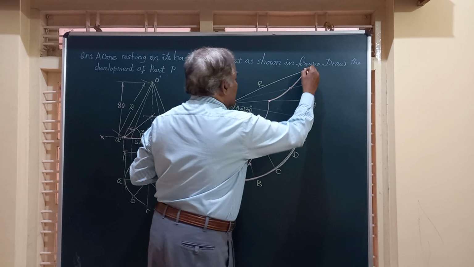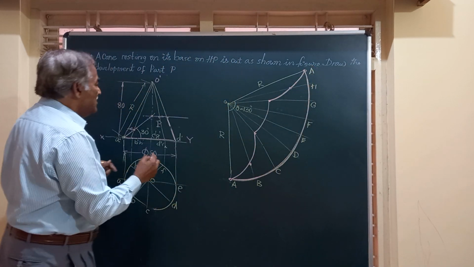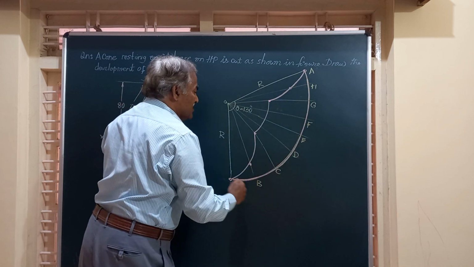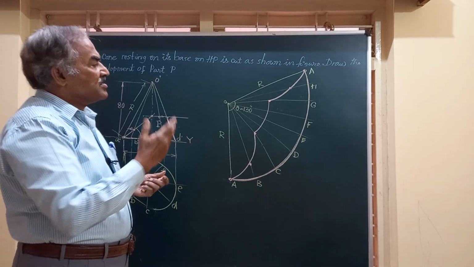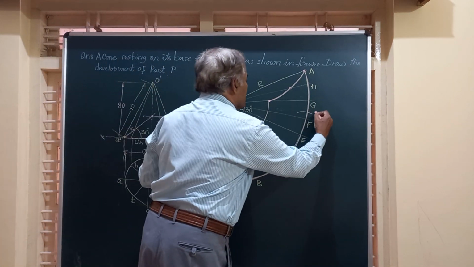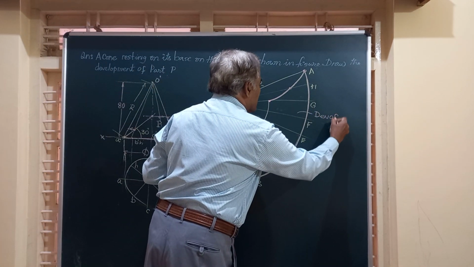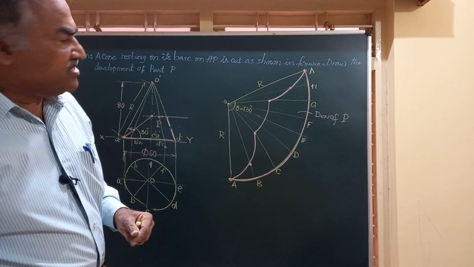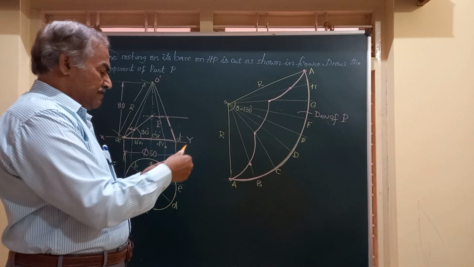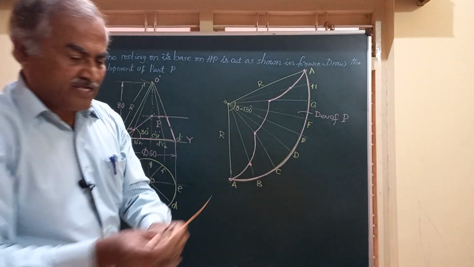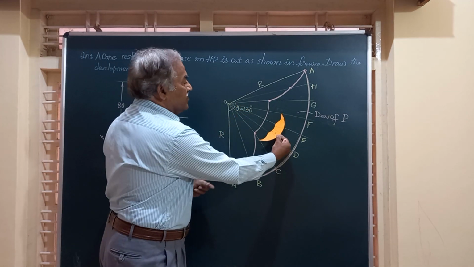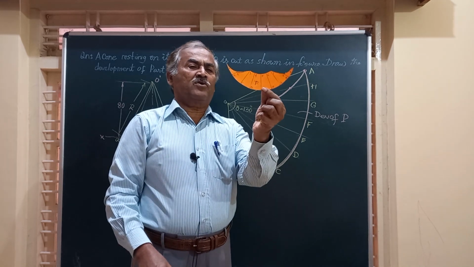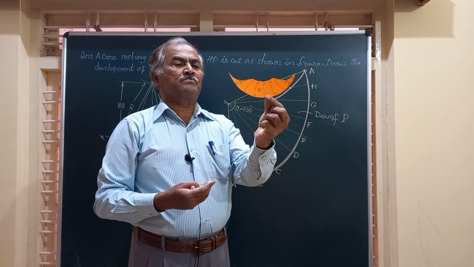This portion, from here to here, will give you the development of part P of the cone, which is resting on HP on its base. If you actually scale it, this is how it will look, the development for the bottom portion P.